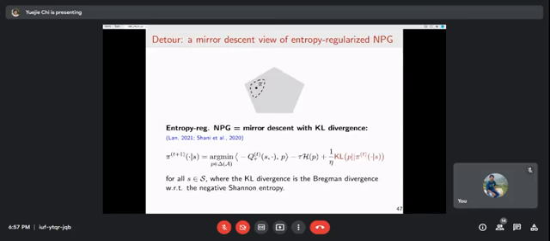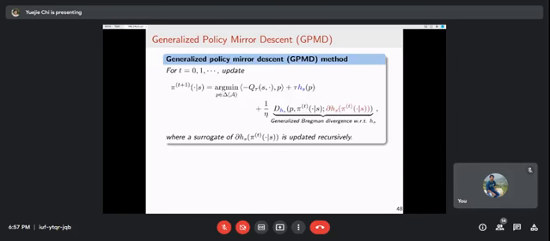Without getting into the details, it turns out that we can harness the things we learned by analyzing entropy regularized MDPs to develop a more general algorithm that can work with an arbitrary regularization function, called generalized policy mirror descent.